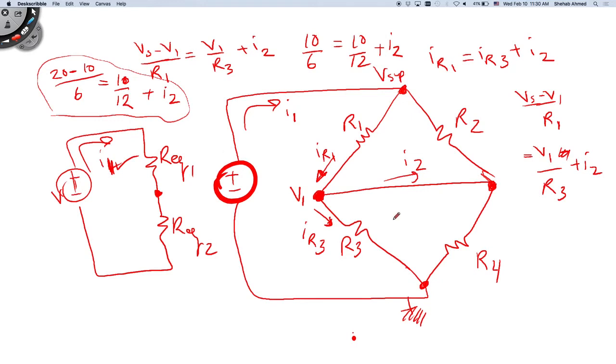Okay, but why? What we said is the only way to solve and figure this out is to do Kirchhoff current law, right? You will do Kirchhoff current law here.